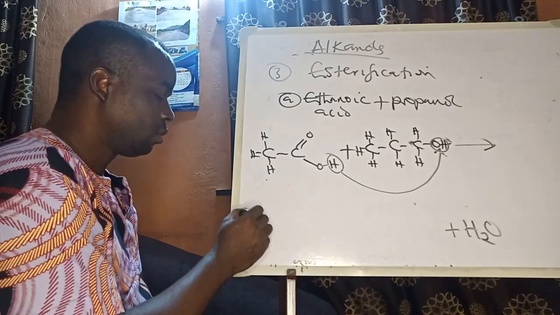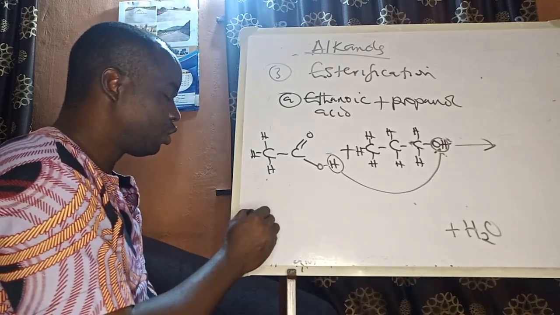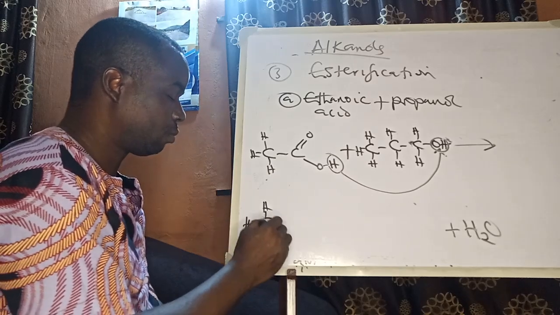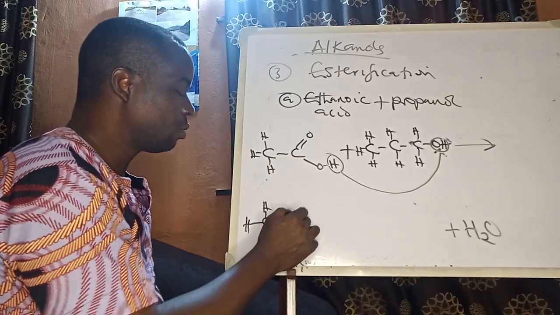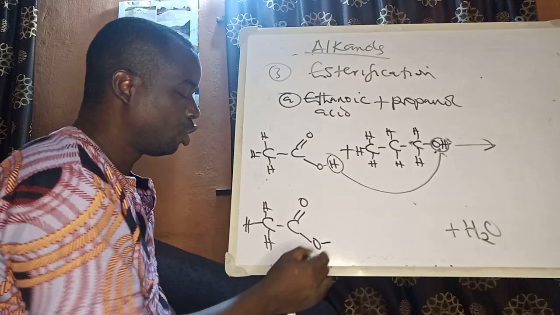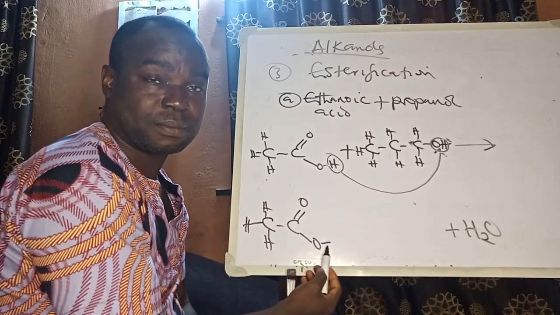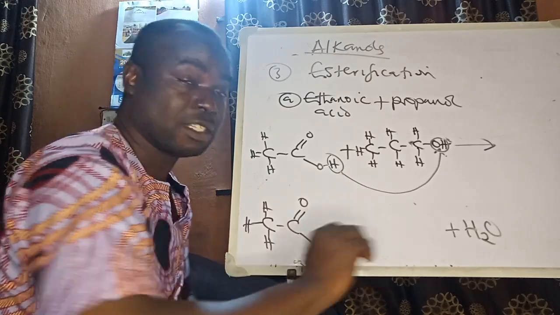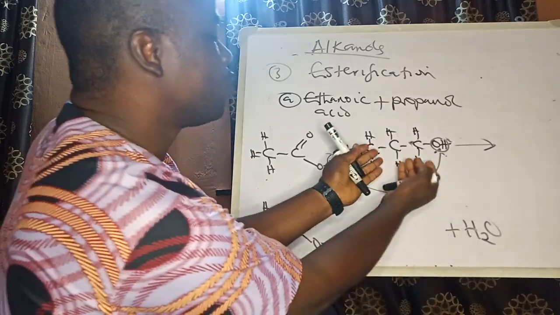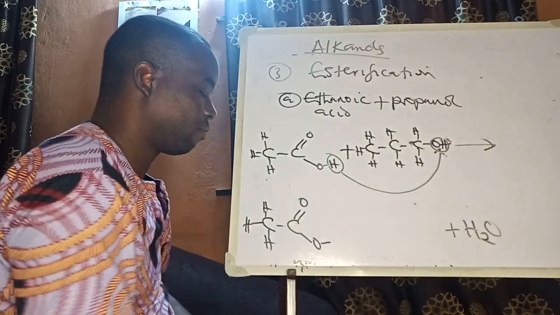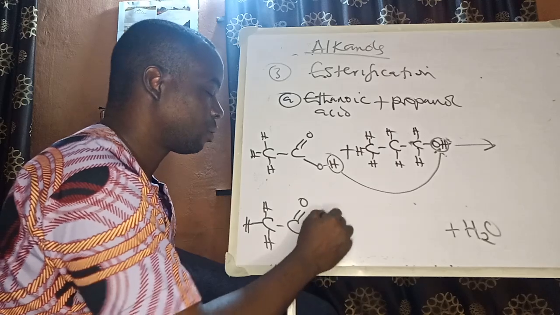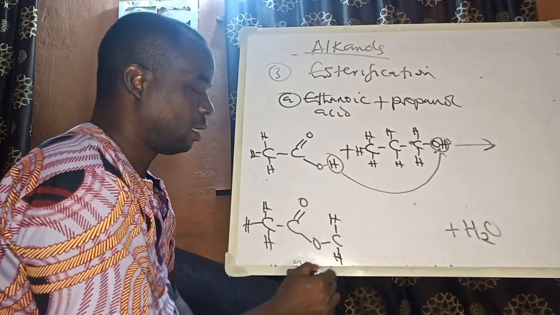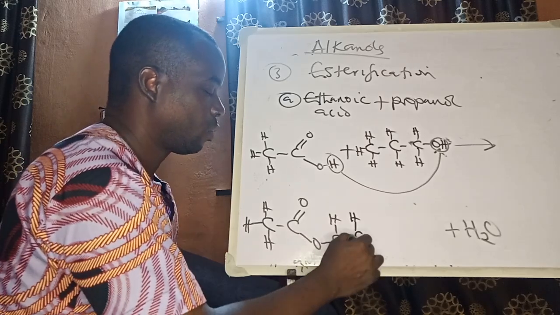So I have C, H, H, H, C, O, O. You know that this bond is now vacant because H has gone. So now we carry this one, turn it and join here. So we now have C like this.